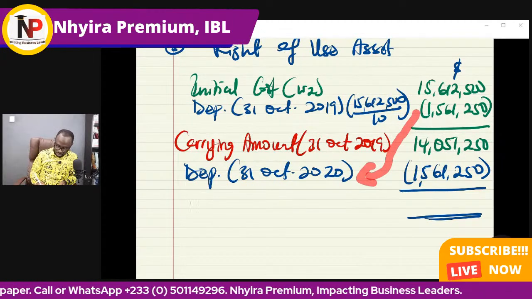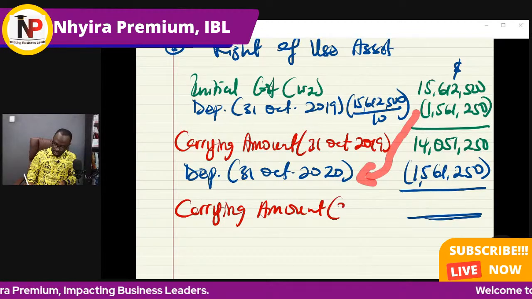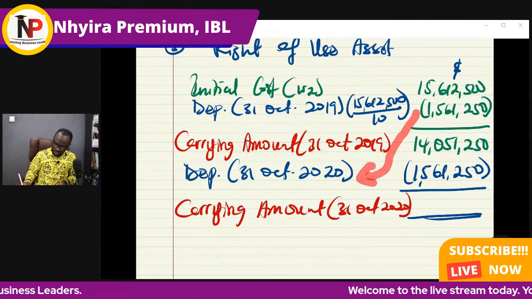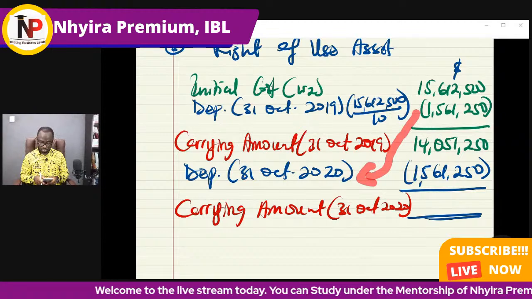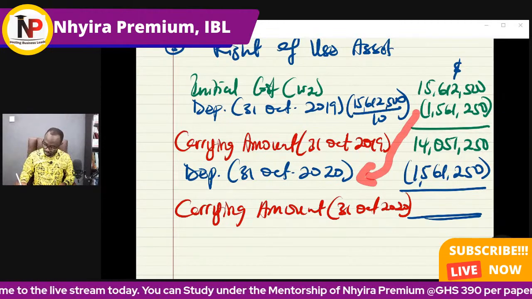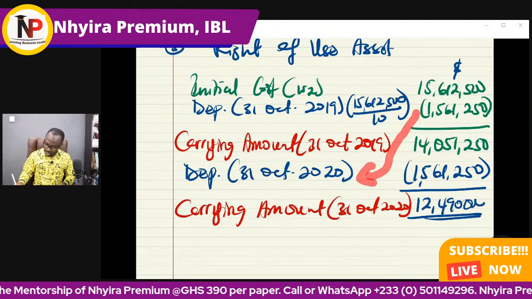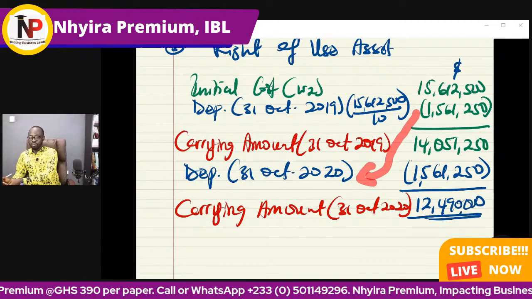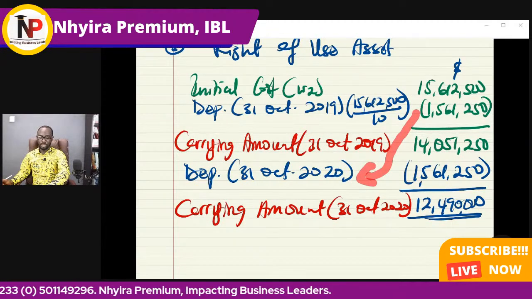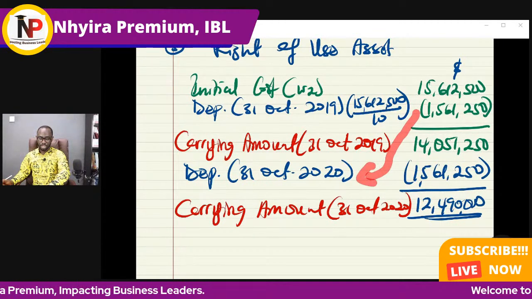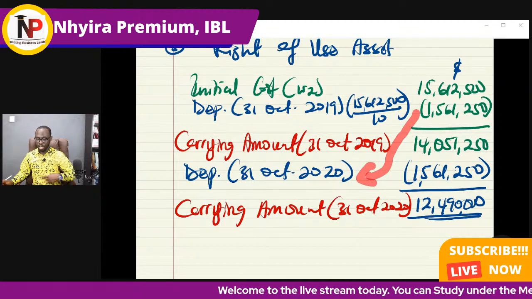Then we get a carrying amount as of 31st October 2020, and that is going to be $12,490,000. You can cross-check that and see whether that is the answer we are actually having.